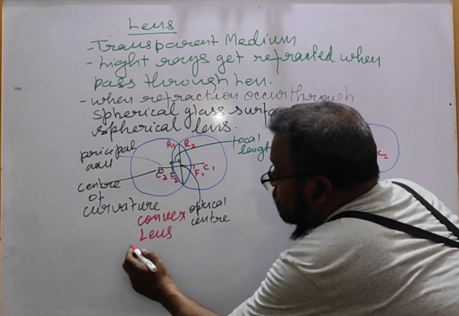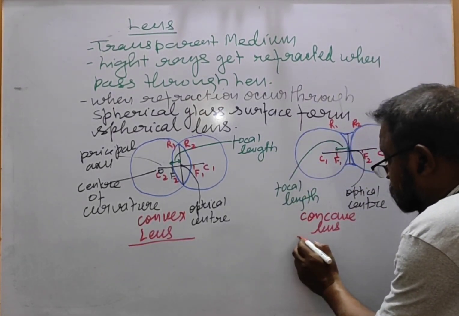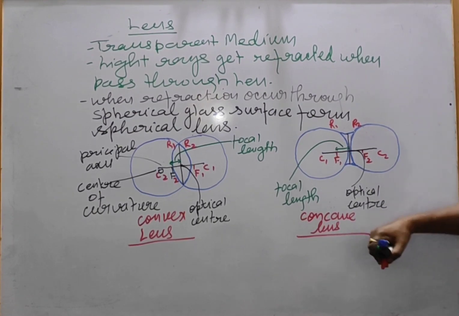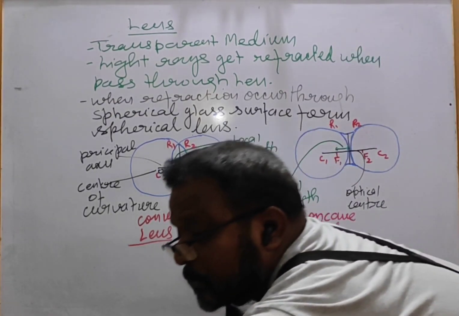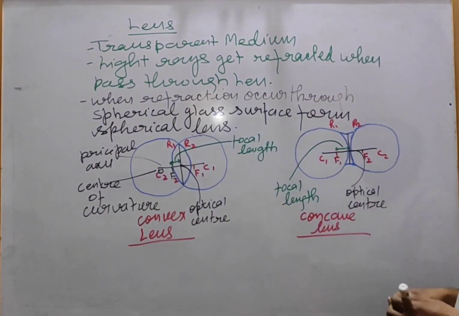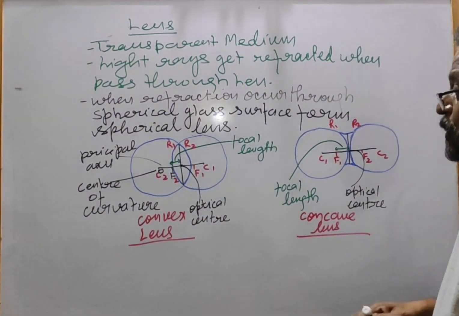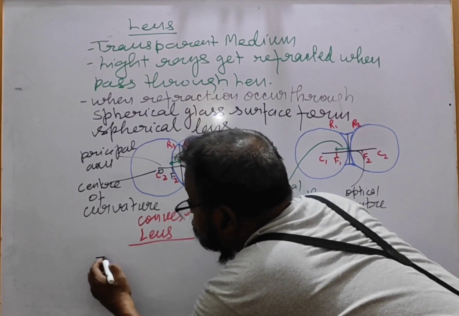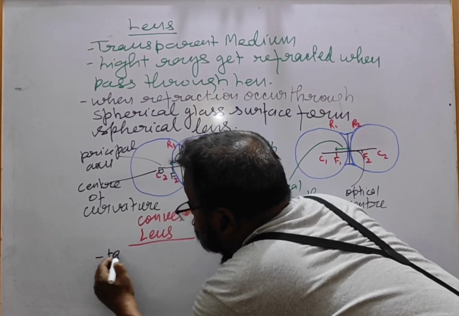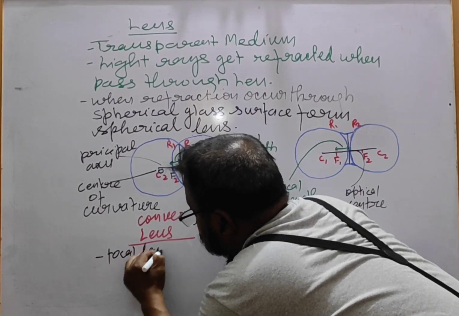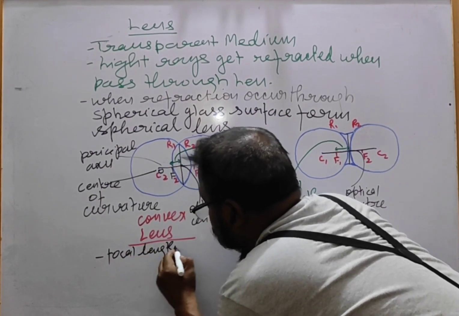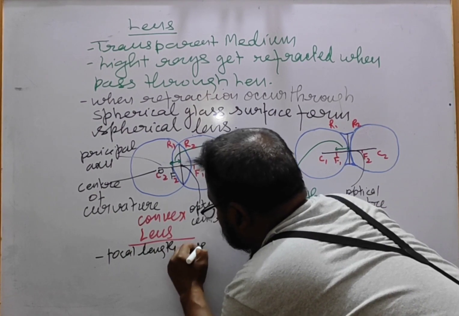This is convex lens, this is concave lens, right? And for convex lens, the focal length is positive, right?